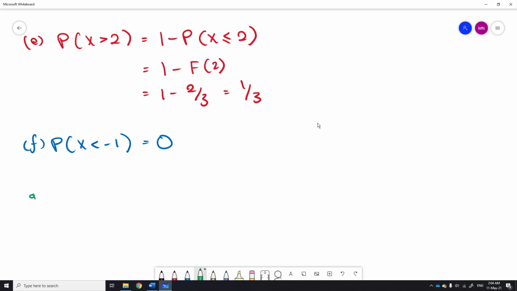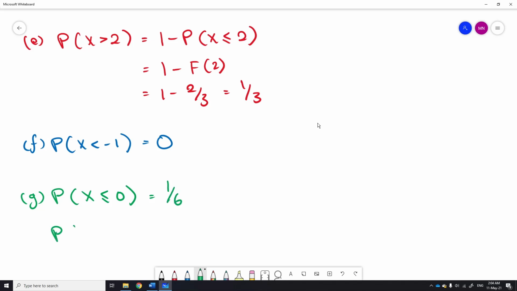Then for G, you want to find the median, so we start with the lowest number of x. The lowest number of x is 0, so probability of 0 is equal to 1 over 6.